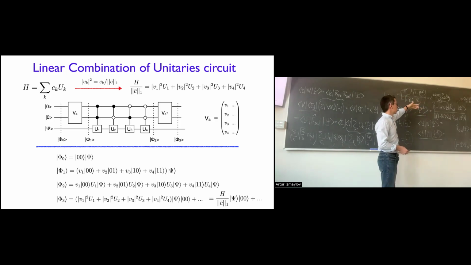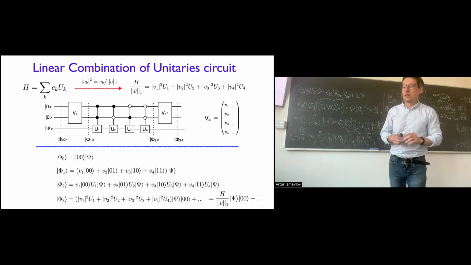Therefore, whatever you get is a linear combination of what you put in plus some extra stuff. And so if you keep applying W to the result, you will keep rotating within this two-dimensional subspace.